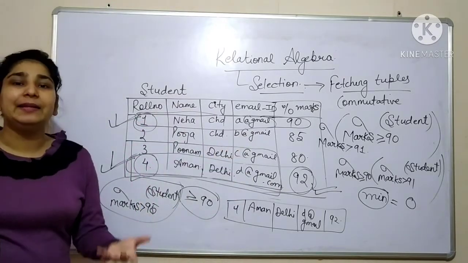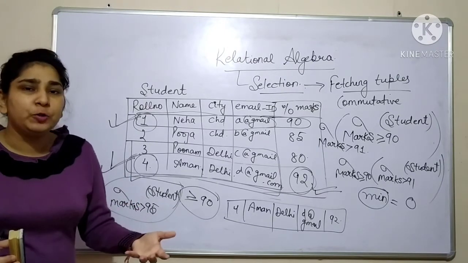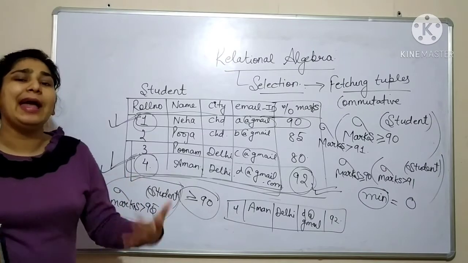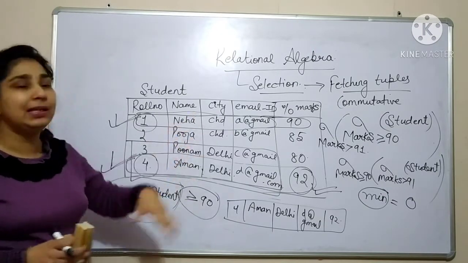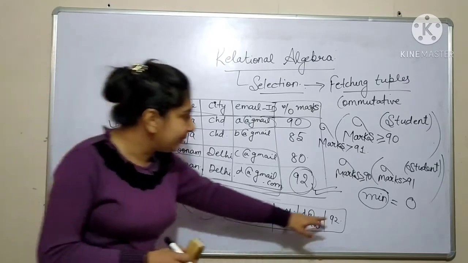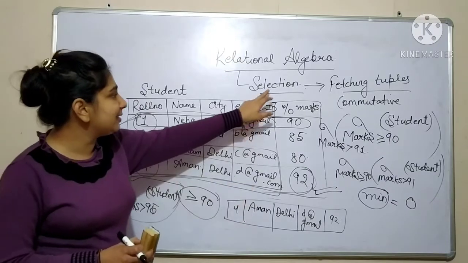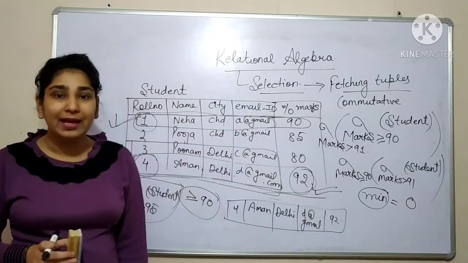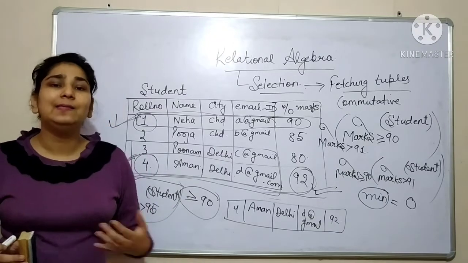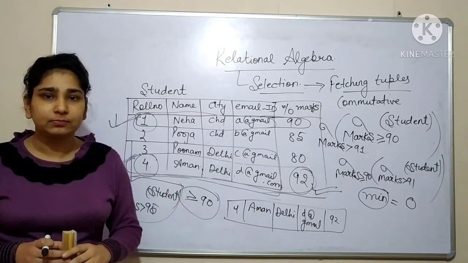Greater than 95. So what is going to be our output? We will not get any output. We will not get any tuple in the output. So the minimum number of tuples which we can get in the selection operation is 0. Okay, there is a chance that in the output you may not get any tuple.